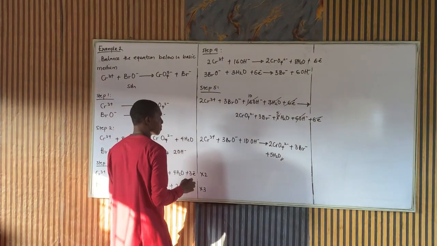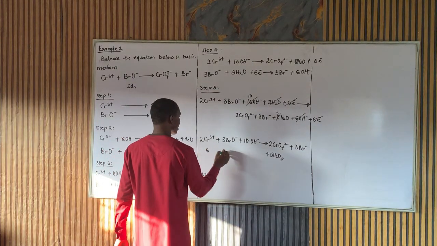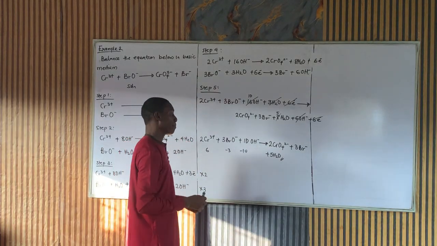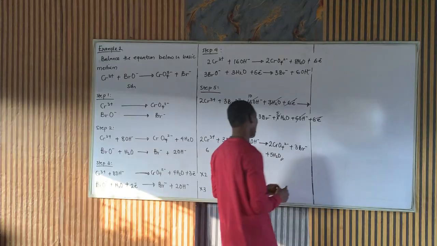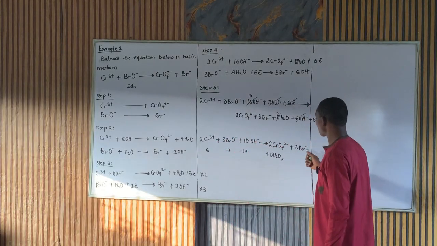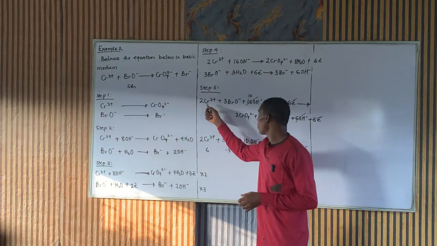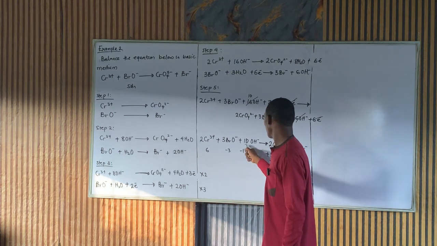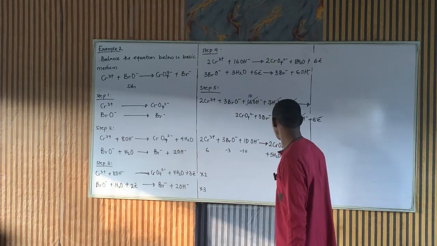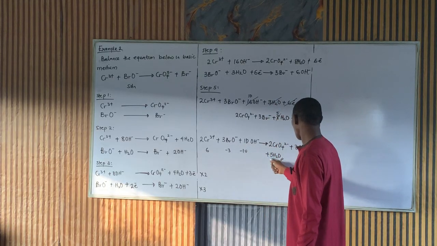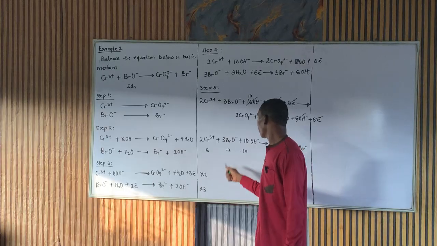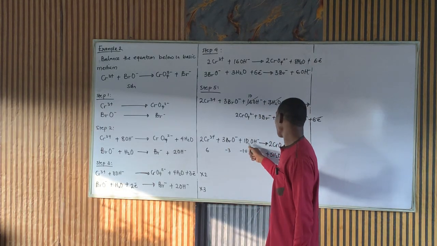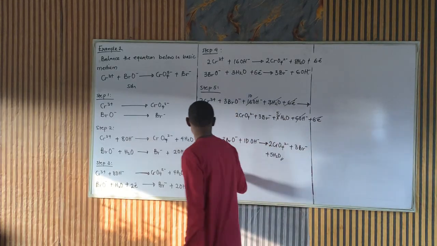This plus 6 and this minus 3, plus 6 minus 3 and then minus 10. This is going to be minus 7. And this is minus 4 and minus 3, that's minus 7. 2 chromium, 2 chromium. Oxygen 10 and 3, that's 13. Oxygen 8 and 5, that's 13. Bromine 3, 3. Hydrogen 10, 10. So it's balanced.